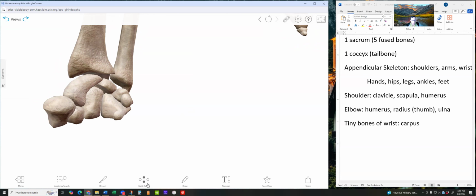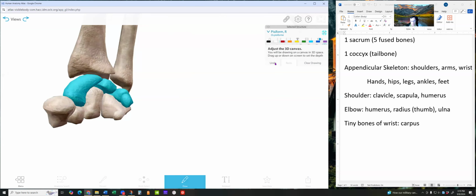Go ahead and do multi-select and click these 4 bones here. These 4 bones are proximal bones of the wrist. So that's sort of like the first layer of bones.